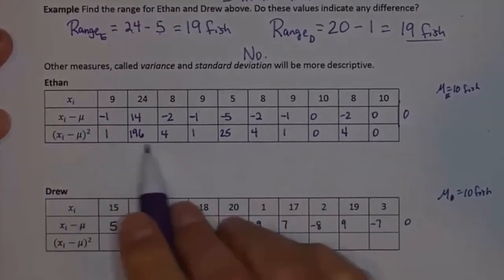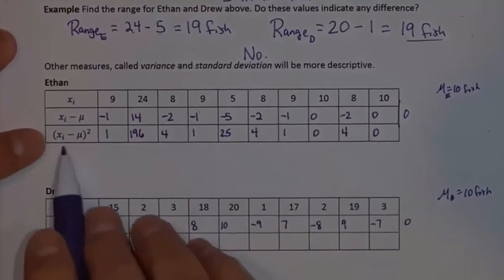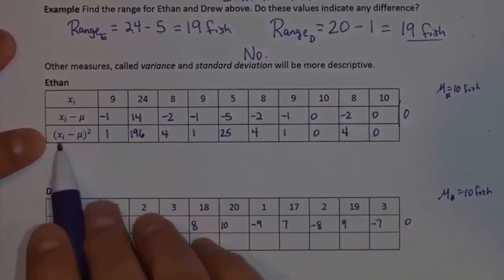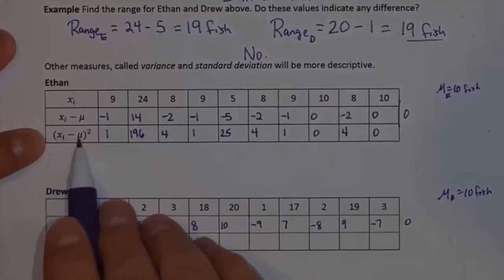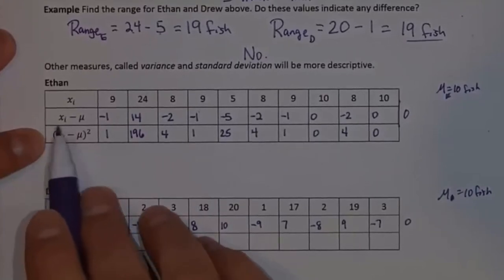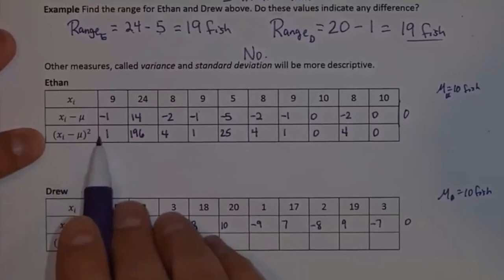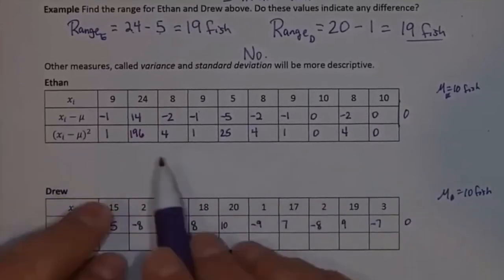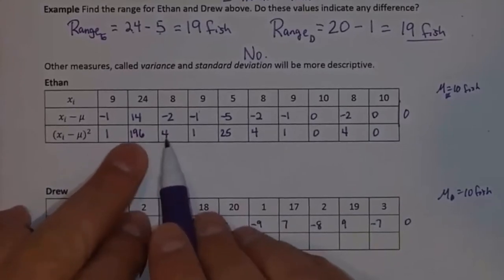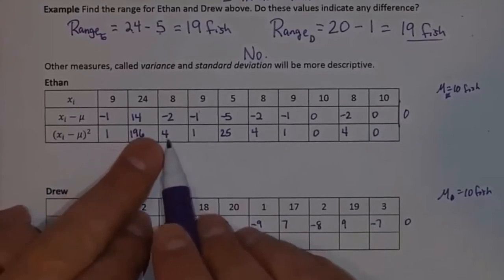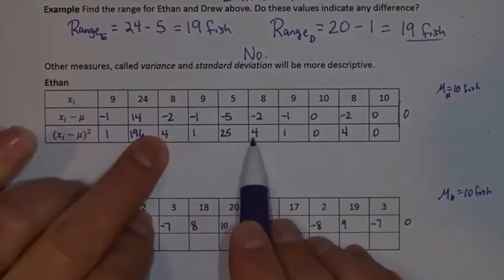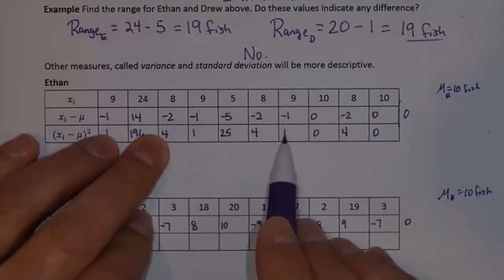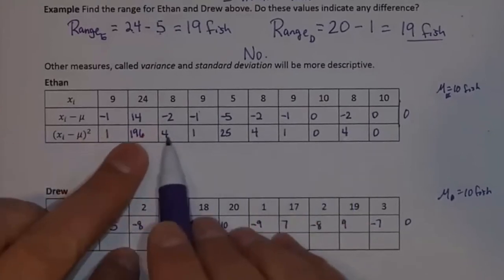So if we add that up, and incidentally, what I have calculated here, I've labeled over here on the left of the table. That is each data value minus the mean. So that's the deviations. And then I'm squaring that. So if I add that up, 196 and 4 is 200, 225, 1 and 5 makes 230, 232, 236, I think.